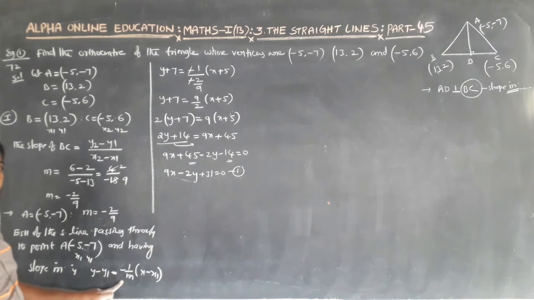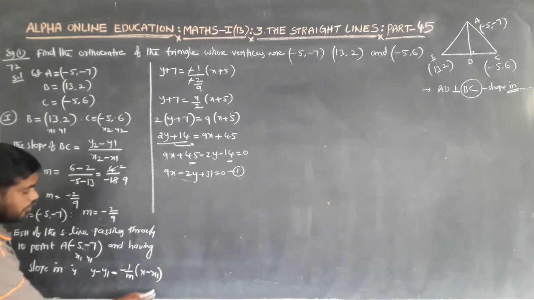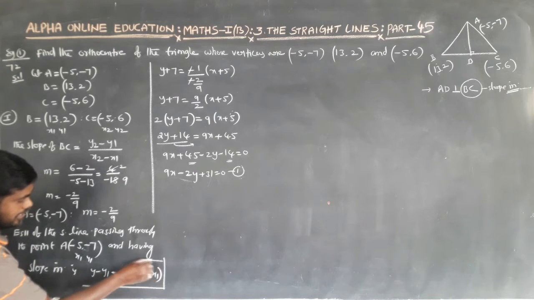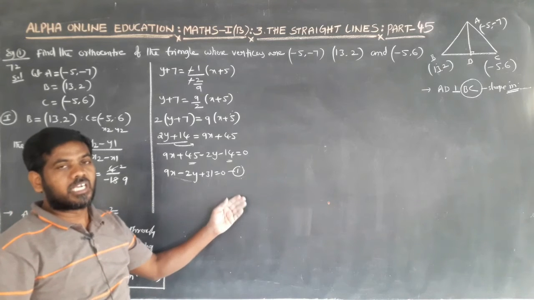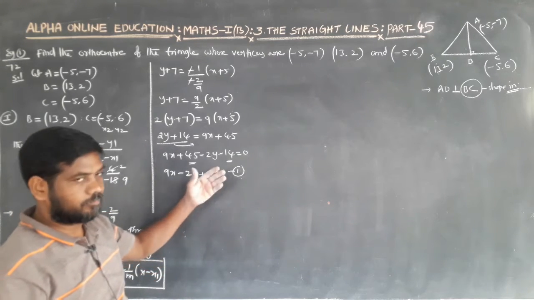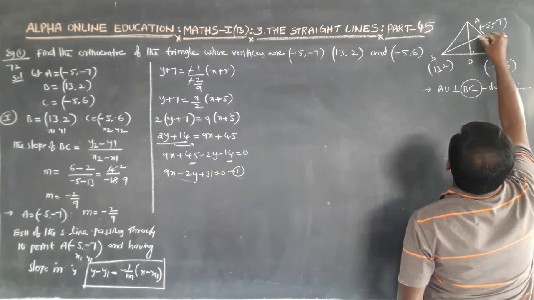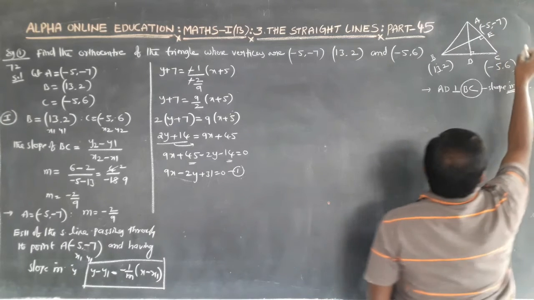The equation of AD passing through the point A (x1, y1) is y minus y1 equals minus 1 by m into x minus x1. Simplifying, we get equation number 1. Again observe, this is the second altitude, BE.